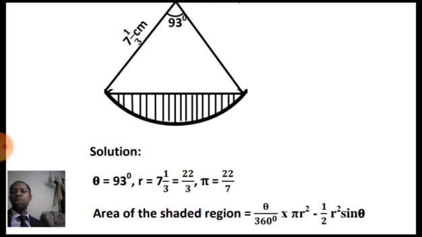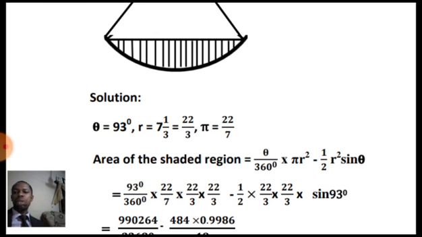So invariably, wherever you see r, our r will now become 22/3. So we substitute 93 degrees over 360 times 22/7 times 22/3 times 22/3, then minus 1/2 times 22/3 times 22/3 times sine 93 degrees.